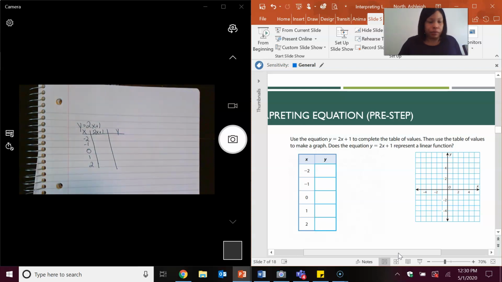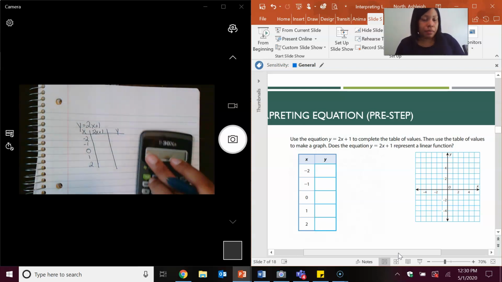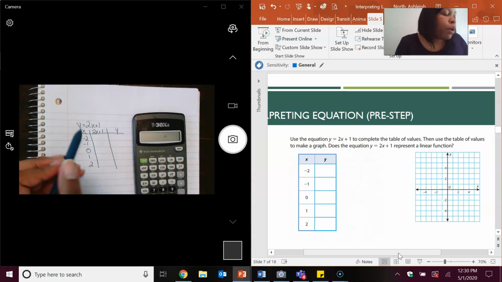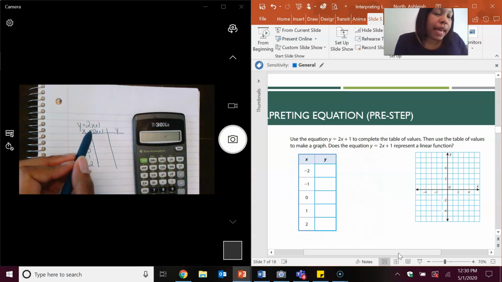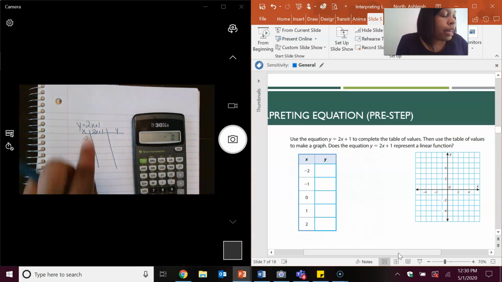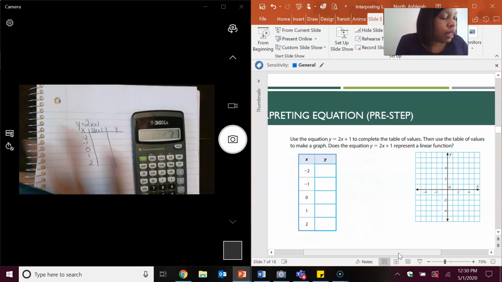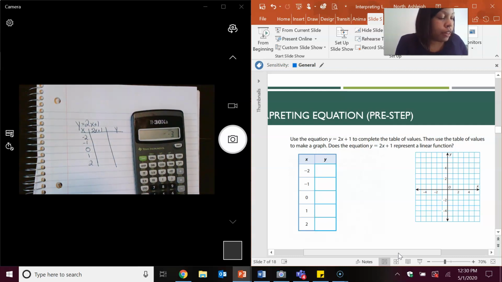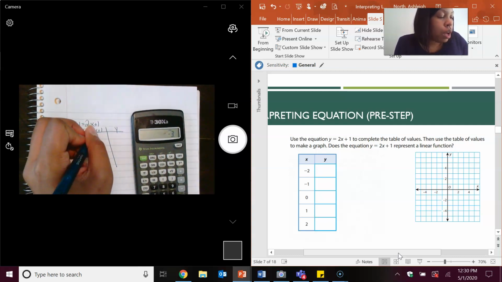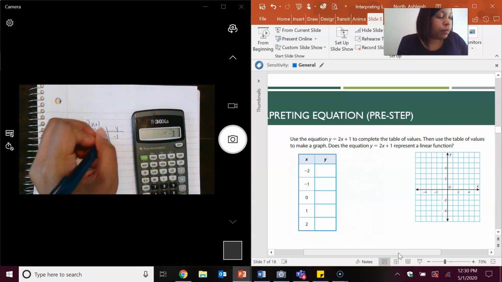So again, okay, I got my calculator. So remember, whatever x is, I can replace for this variable here. So in my calculator, I'm going to have 2 times -2 plus 1, we're going to calculate, and it equals -3.